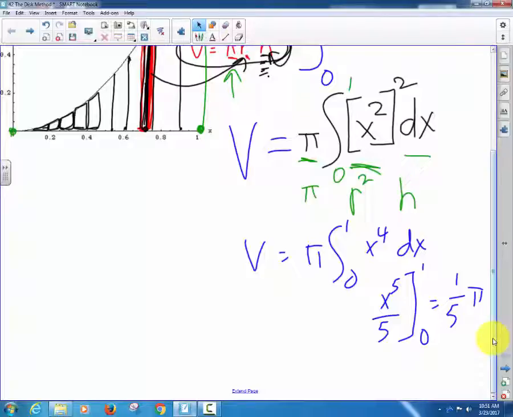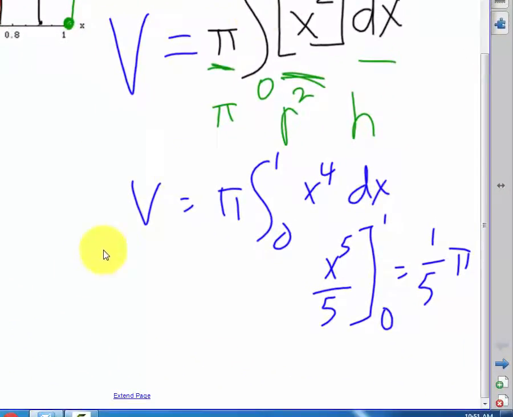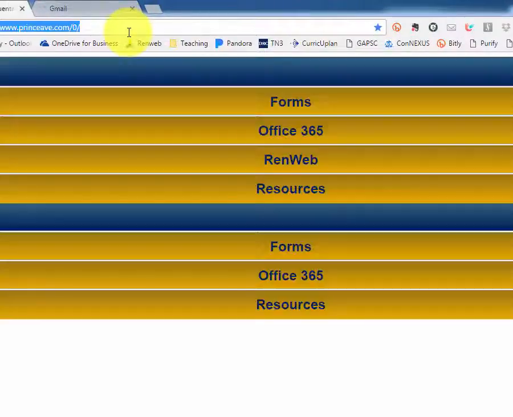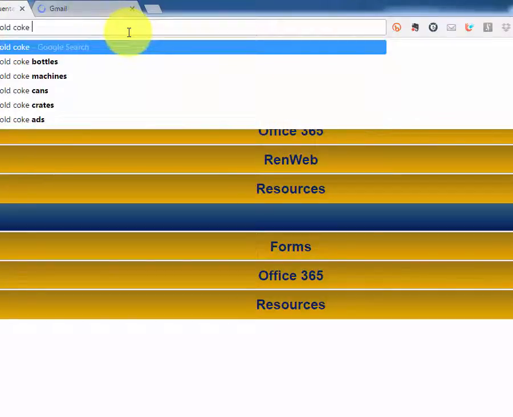Think about the old-time Coca-Cola bottles. Do y'all know the ones I'm talking about? Let's pull up a picture of that if we can find it here. This would be a horizontal line, would it not? Yes, if I do it that way, we're rotating it around a horizontal line. Old Coke bottle.